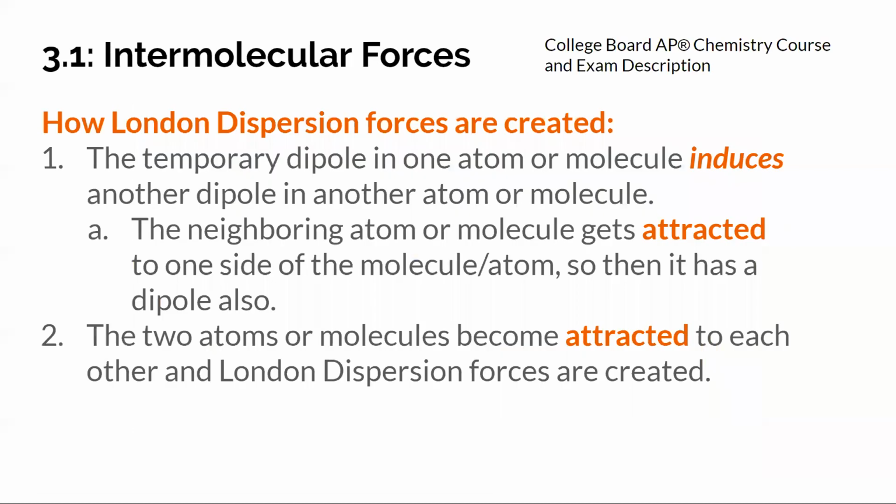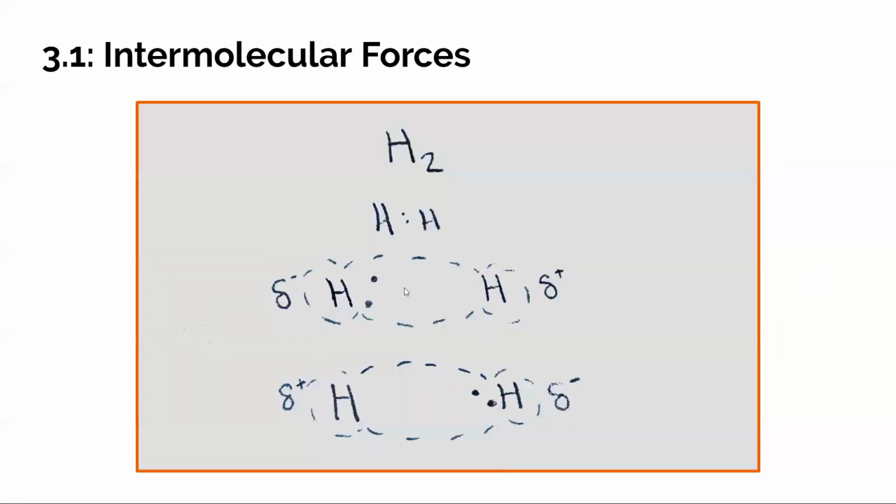And so how do London dispersion forces form? How are they created? The temporary dipole in one atom or molecule induces another dipole in another atom or molecule. So this temporary dipole in this hydrogen might induce a temporary dipole in another molecule, since these would attract.